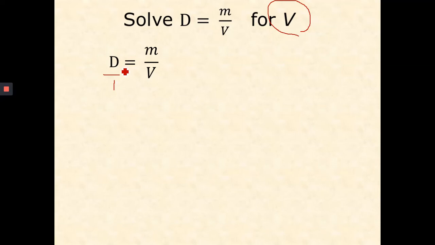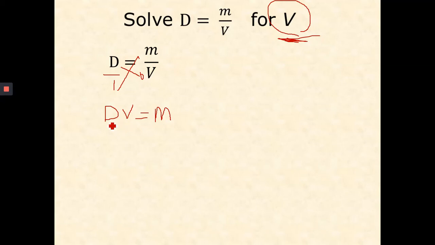So, you're going to multiply d times v. So, you have dv is equal to 1 times m, that is 1m, or we are just going to write m. Remember, we are solving for v, and your v has d. So we are going to get rid of d.